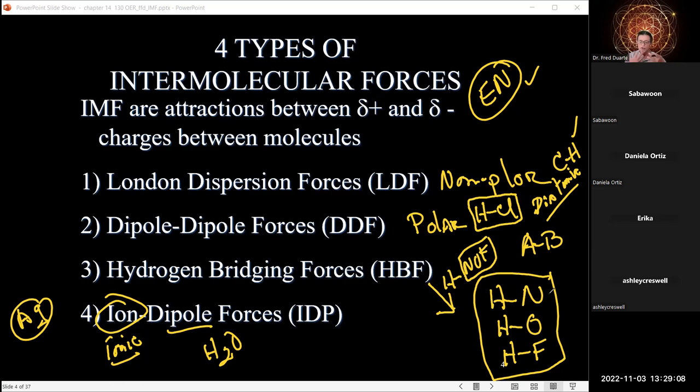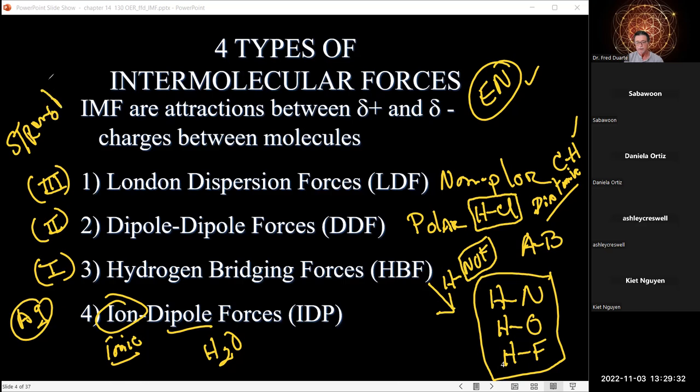Now, with respect to strength, hydrogen bridging is the strongest of the three. London dispersion forces is the weakest. I call that number 3, Roman numeral 3. And dipole, number 2, is somewhere in the middle as far as strength, between London dispersion forces and hydrogen bridging.